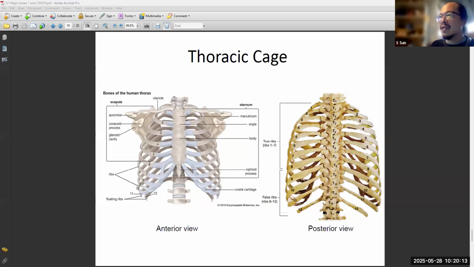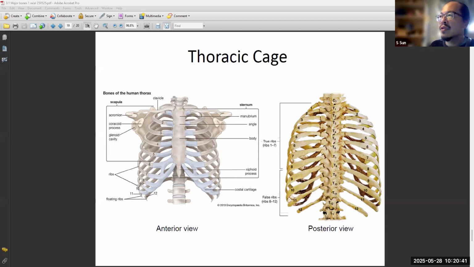This is the body, and then at the end here we have a process called the xiphoid process. As for the ribs, when they join to the sternum, they join by this cartilage right here, the costal cartilage.